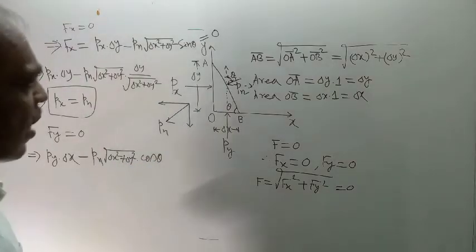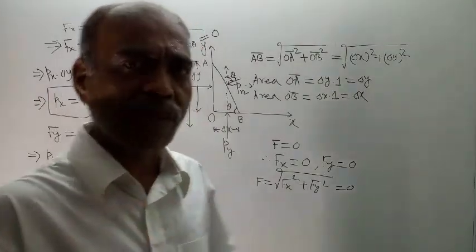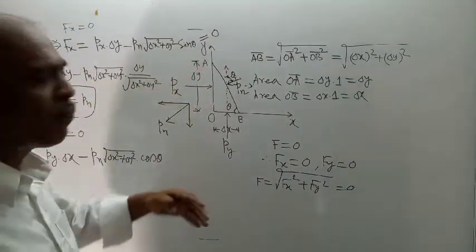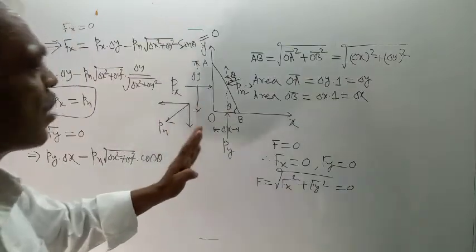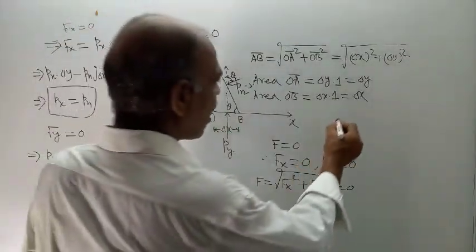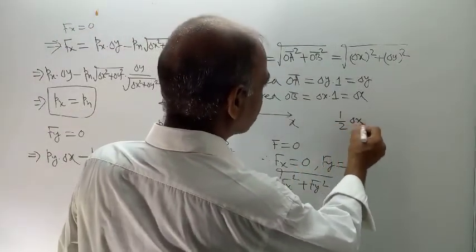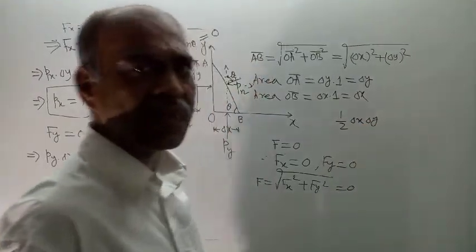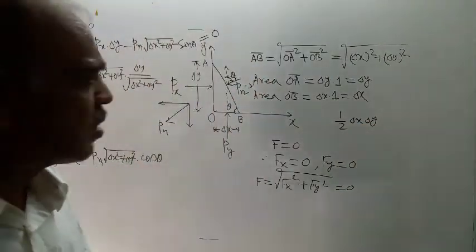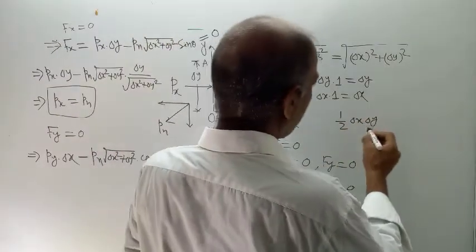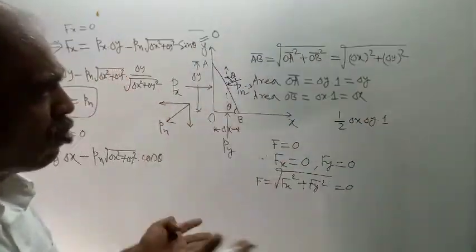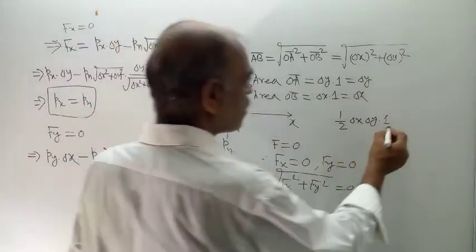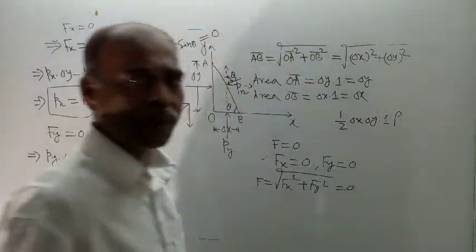One more force will be there, that is the weight of the fluid element itself. What is the weight of the fluid element? First you calculate the volume of the fluid element. Here this area is half into delta x into delta y, and multiplied by 1 as the thickness, so half into delta x into delta y is the volume of the fluid element. Say rho is the density of the fluid element. Then volume multiplied by rho is the mass of the fluid element.